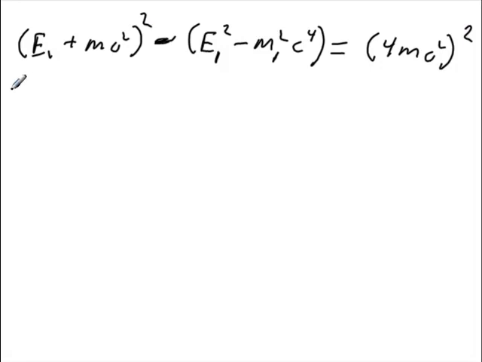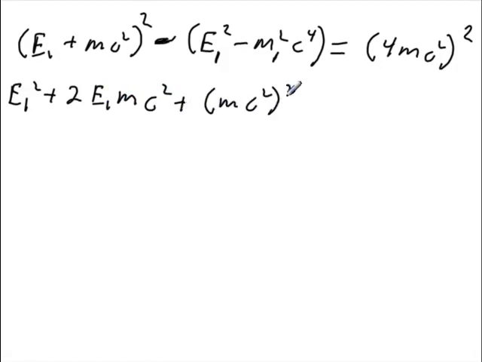Now it's just algebra. I've got E1 squared plus 2 E1 mc squared plus mc squared squared. I subtract off of that E1 squared.